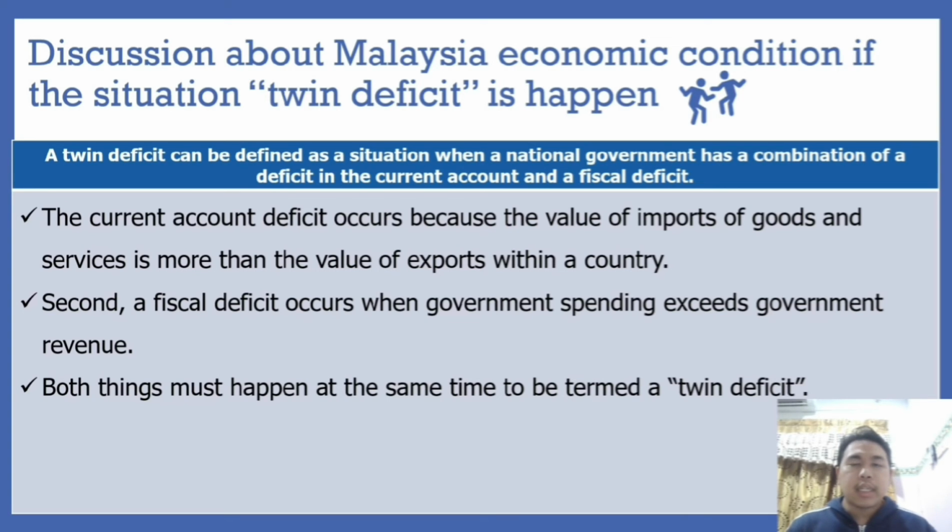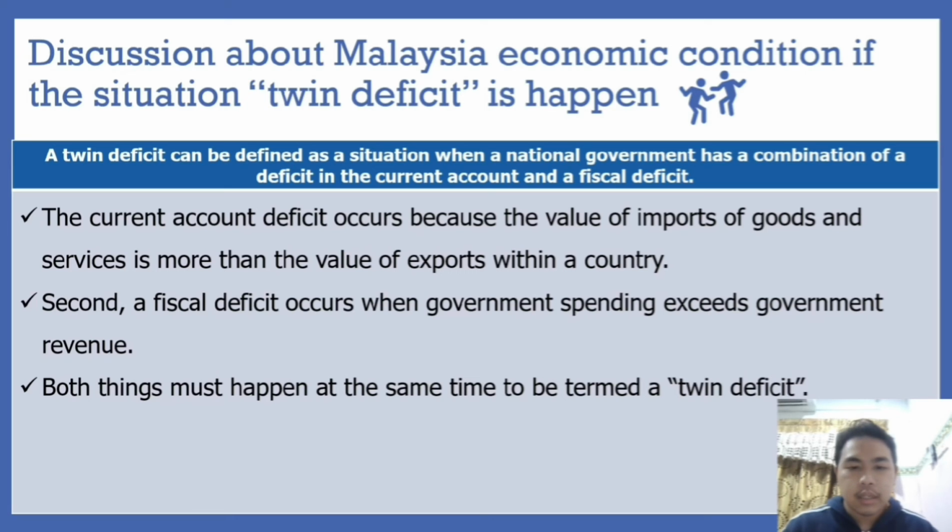Firstly, the current account deficit occurs because the value of imports of goods and services is more than the value of exports within the country. It means the country's economy is importing more than exporting. Secondly, a fiscal deficit occurs when government spending exceeds government revenue.